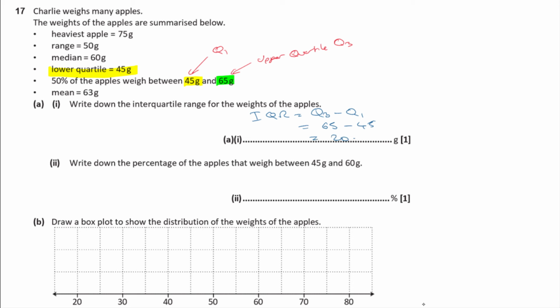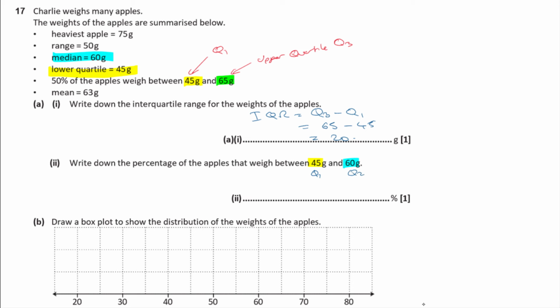Write down the percentage of apples that weigh between 45 grams and 60 grams. Well, we know that 45 grams is Q1 because we just worked it out a minute ago. What's 60 grams? 60 grams, that's the median, isn't it? So that's Q2.